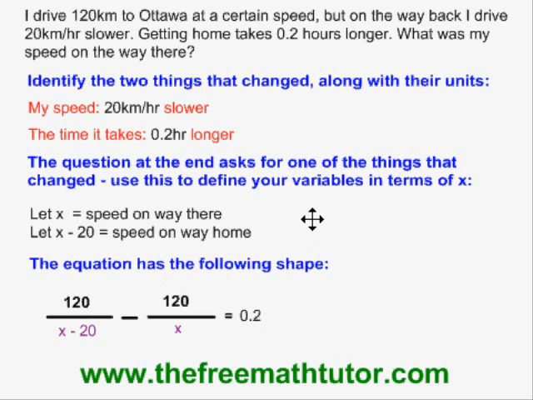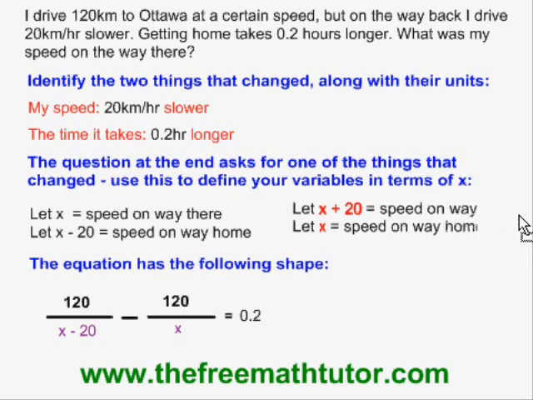The question arises though, what if I had defined my variables differently? What if I had defined x as the speed on the way home, and x plus 20 as the speed on the way there? In this case, I have a binomial x plus 20 instead of the binomial x minus 20 involved. And when I build my equation, it's going to look like this.